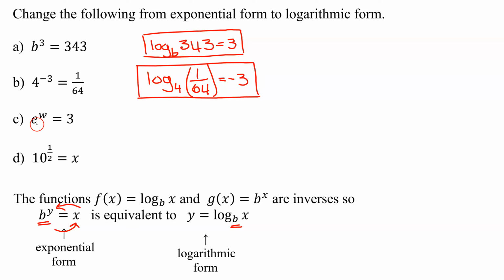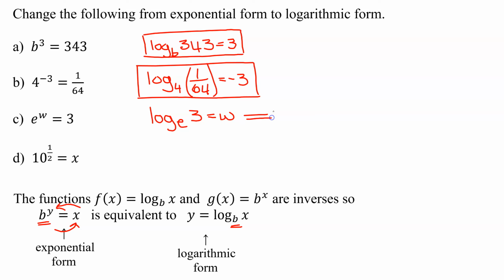Next example, e raised to the w equals 3. Who's the base of my exponent? E. So that's going to be the base of my log. So I'm going to have log to the base e of 3 equals the exponent w. But do we ever write log to the base e of anything?